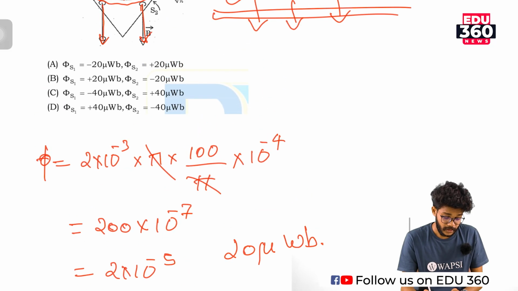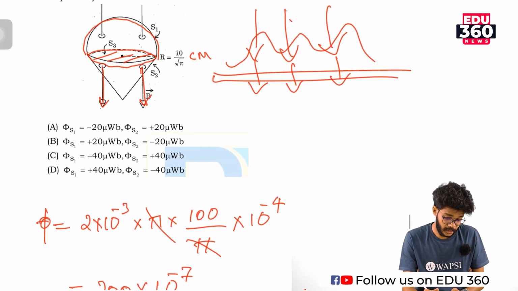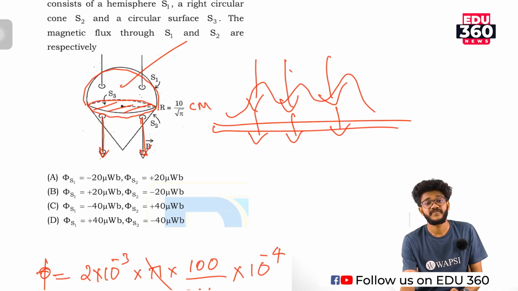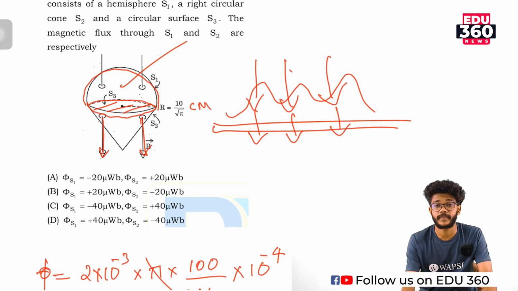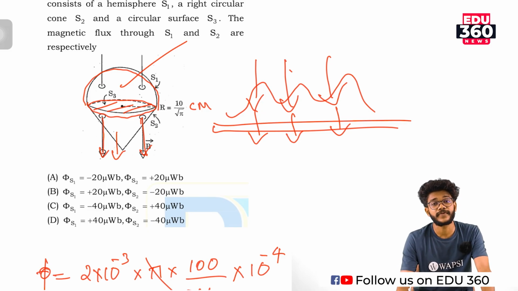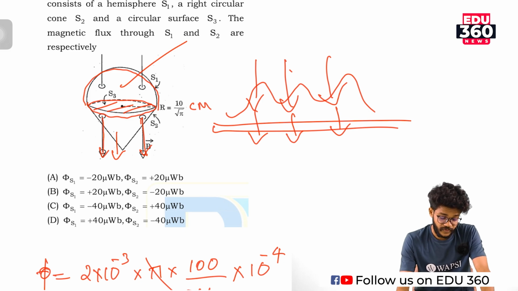Okay, so which option is correct? For the first one, the magnetic field is entering the surface, that will be positive, and in the second, the magnetic field is leaving the surface, that must be negative. So the first flux is positive, so option B can be correct and option D can be correct.